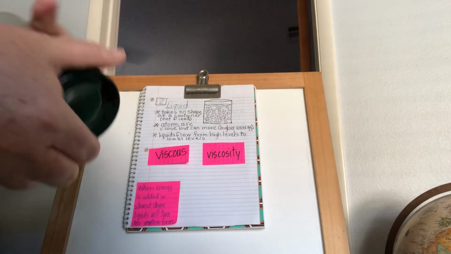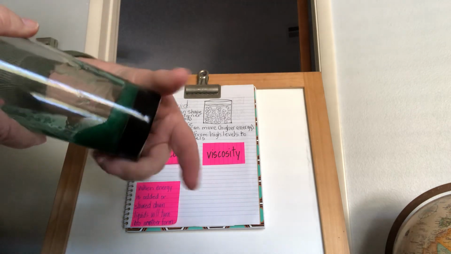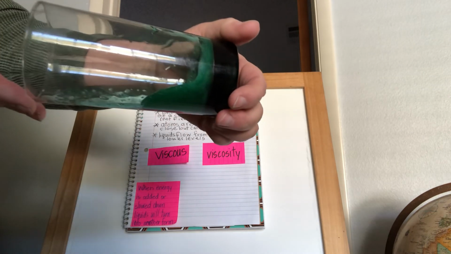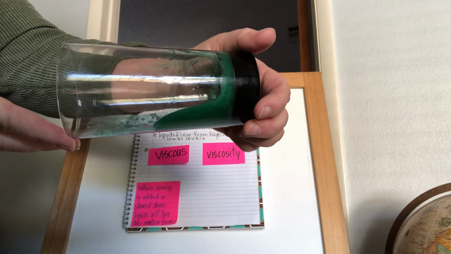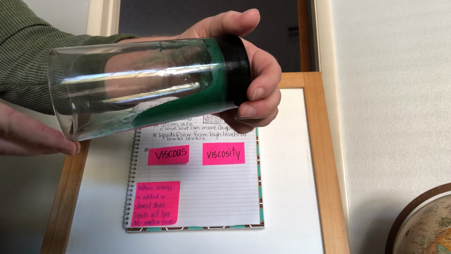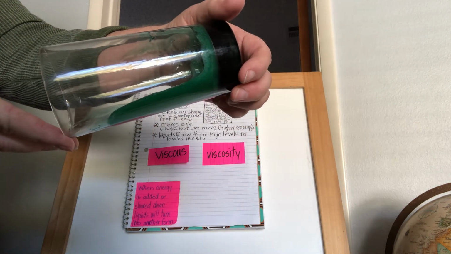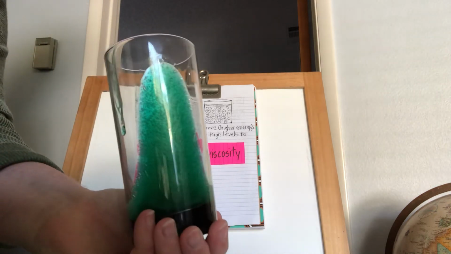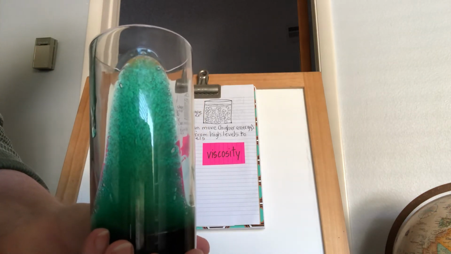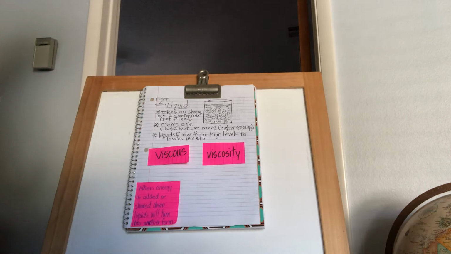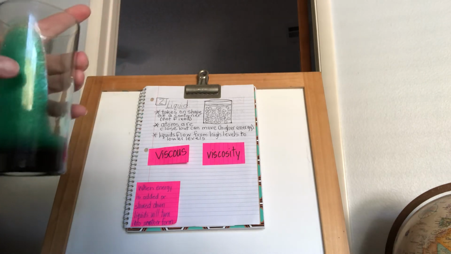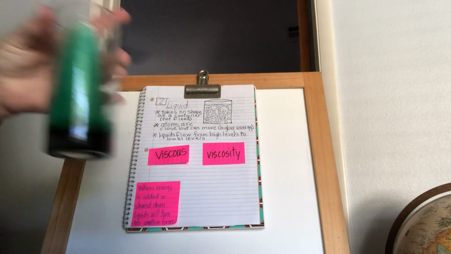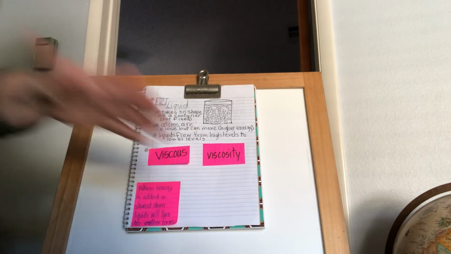I want you to watch the viscosity in this and tell me, do you think this is higher or lower than the hand soap and the water? Okay, and look how long it stays up on the glass before coming back down. If you are thinking that this has a high viscosity, you're right, because the higher the viscosity, the slower the flow.